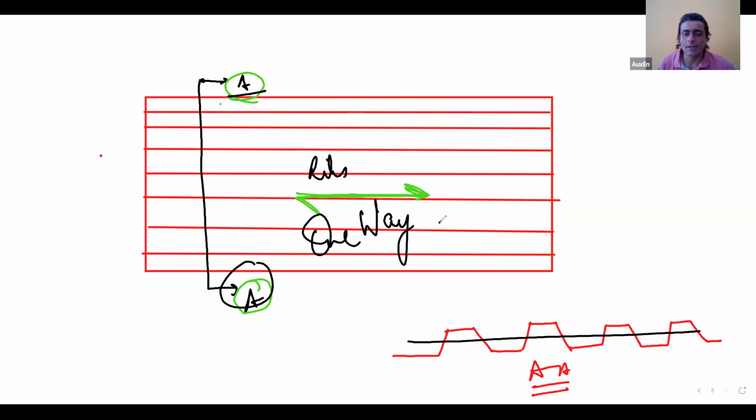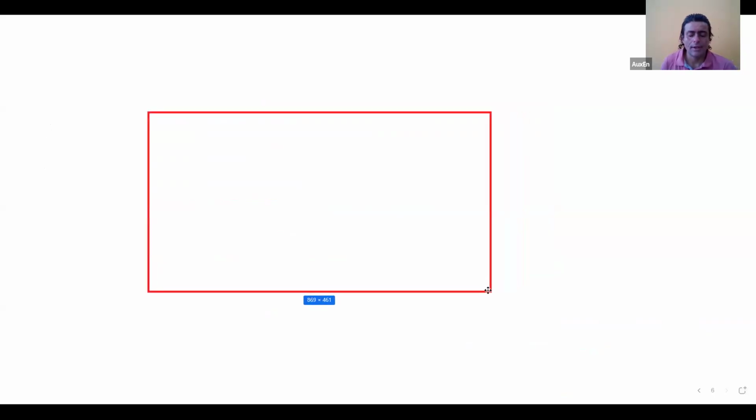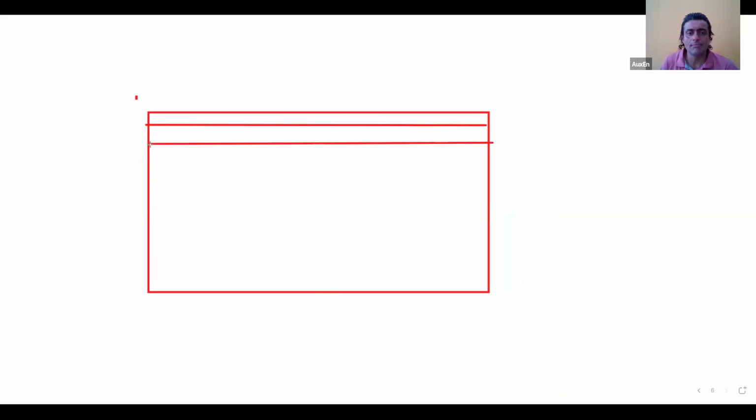This is very important for you to understand. Okay. Now, having understood this, the manner in which we connect the beams to the deck slab defines the design of the beam.